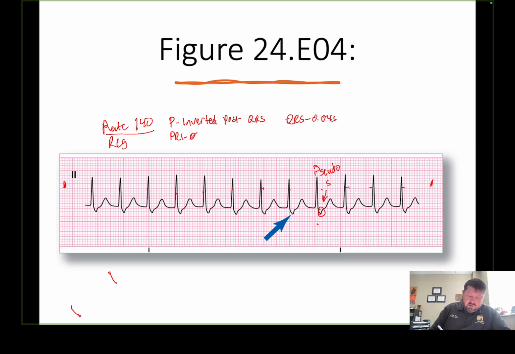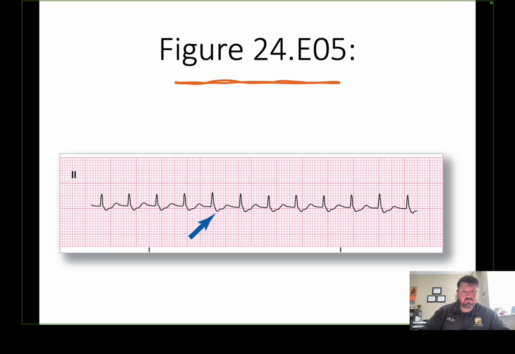So at a rate of 140, a post QRS inverted P wave, this is a junctional tachycardia. You can tell that this is a kind of slurred S wave. So again, this is a pseudo S wave, which is actually an inverted P wave.